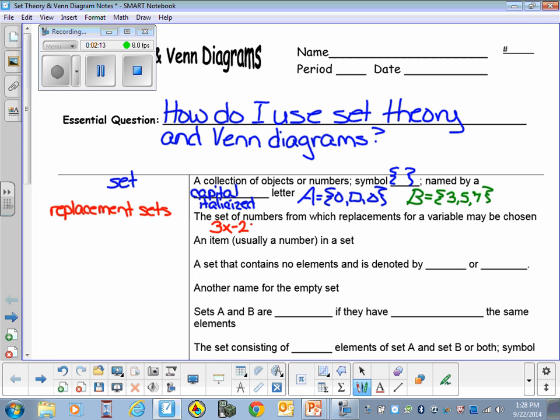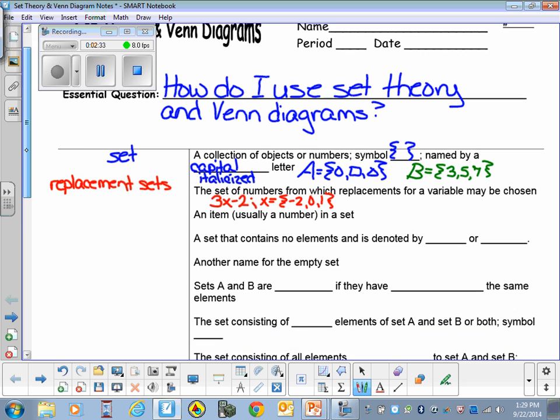You were given an expression like 3x minus 2 and asked to find the range for x equals -2, 0, and 1. So you substituted in each value of x, you chugged out your answer. Okay, that was the replacement set, the values you were substituting in.